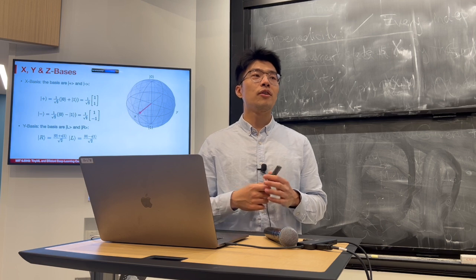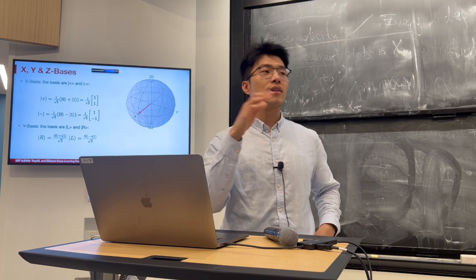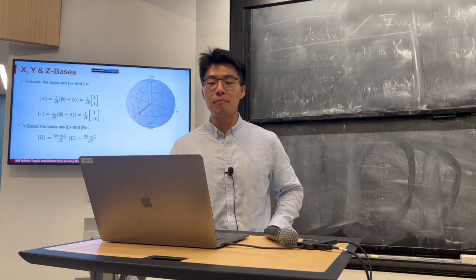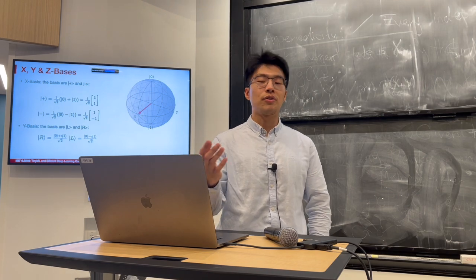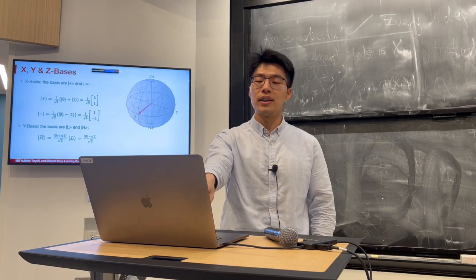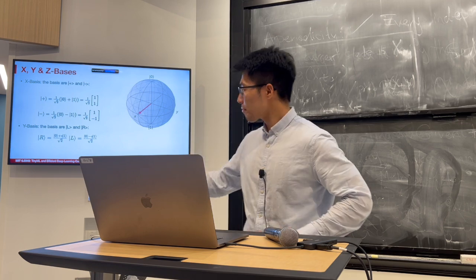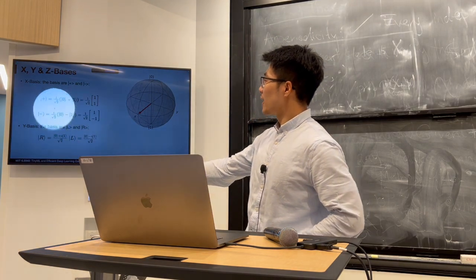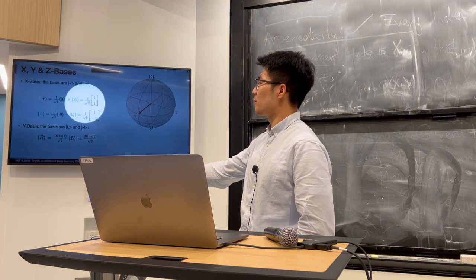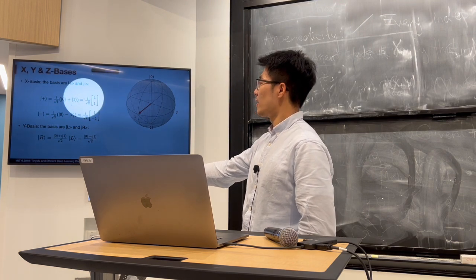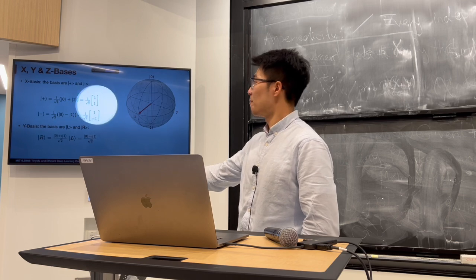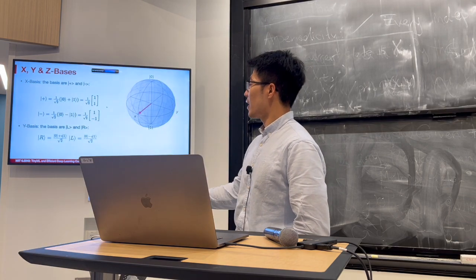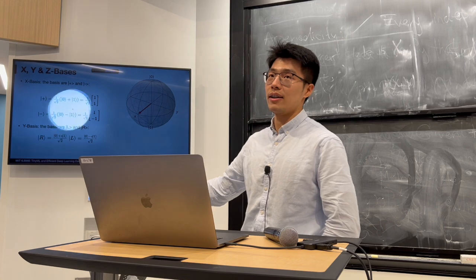We can imagine there are also states that stay the same after applying the NOT gate, which is the X basis. For example, if the original state is the plus state, we apply this X gate to the plus state and see that the final result is still the same as the original one, and that's also the case for the minus state.